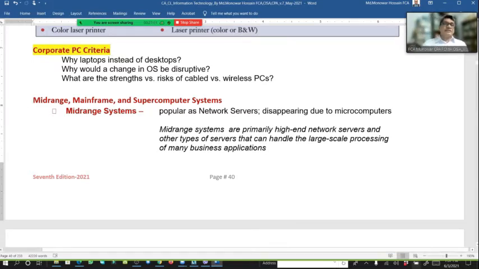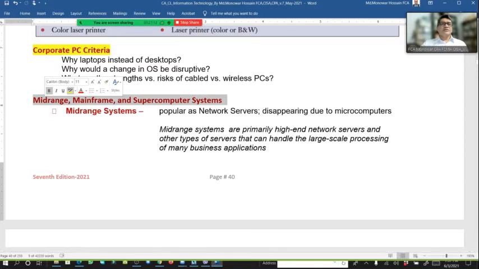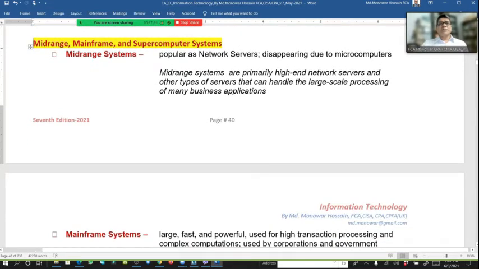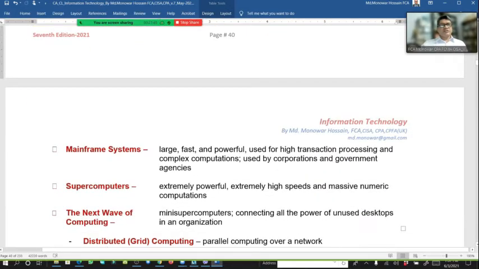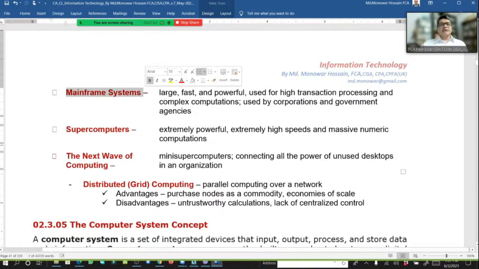If we see mid-range, mainframe, and supercomputer systems in a different way: mid-range systems are popular as network servers and microcomputers. Mid-range systems are primarily high-end network servers and other types of servers that can handle large-scale processing or many business applications. A mainframe system is a big one, large, fast and powerful, used for high transaction processing and complex computation, by corporations and government agencies.